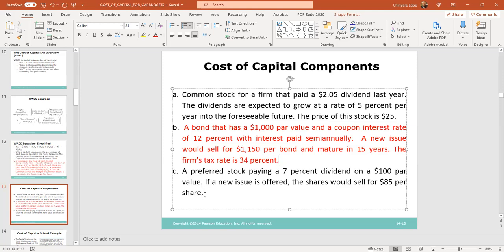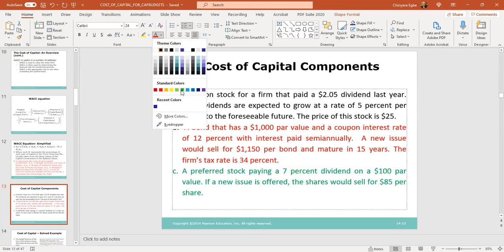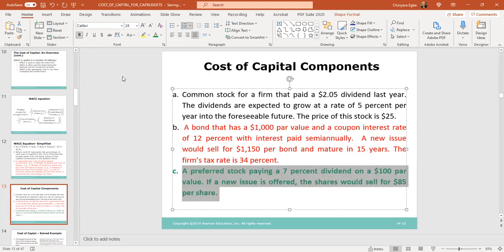This firm also has preferred stock that has a par value of $100 and pays a 7% dividend. But now this same preferred stock is selling for $85. So what is the cost of each of these components?